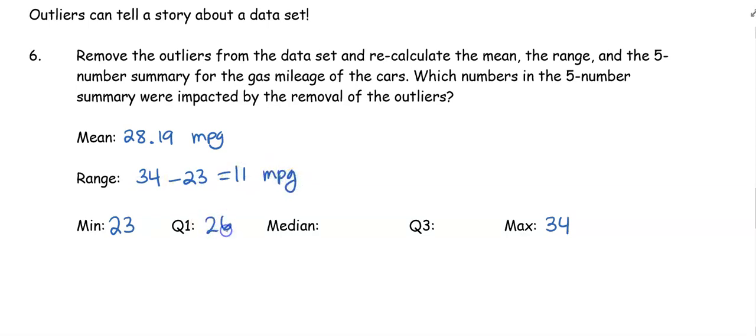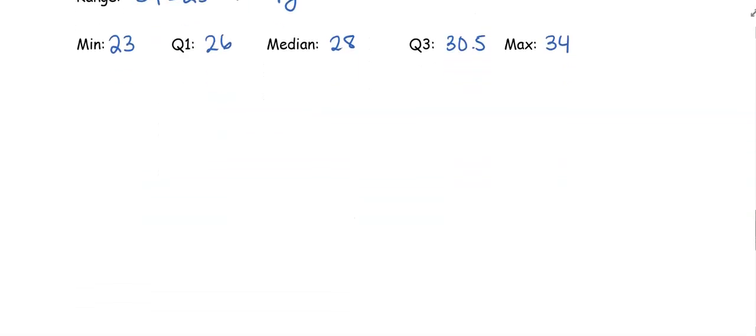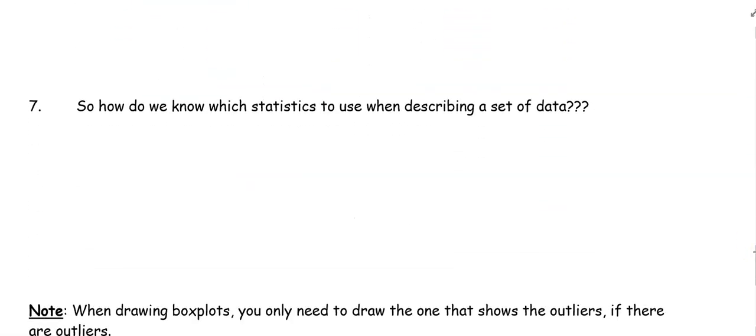But our Q1, our median, and then our Q3, we see change very little compared to the original that had all those outliers in it. So that is basically saying that with the removal of the outliers, both the mean and the range are drastically changed versus the median is only slightly changed.